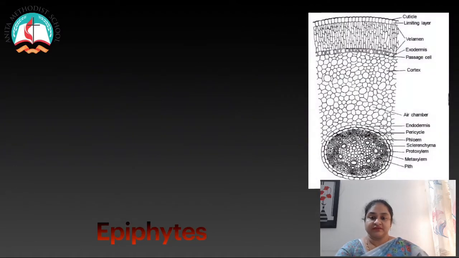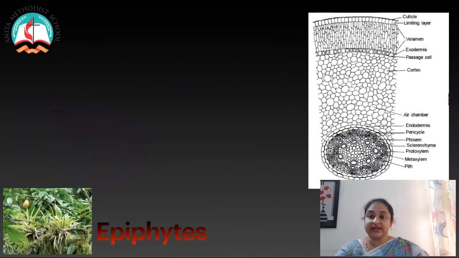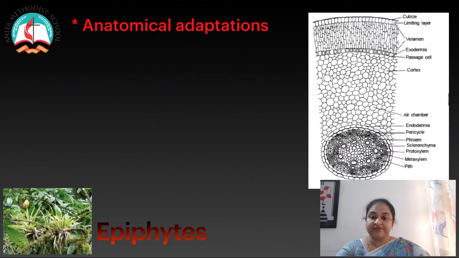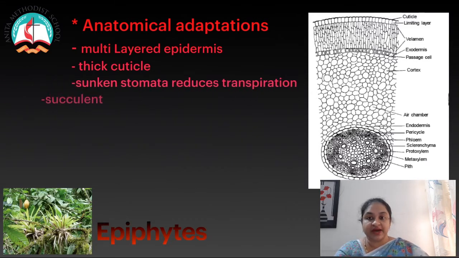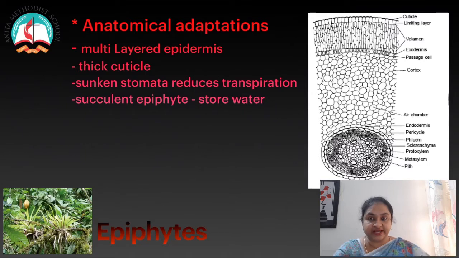About the anatomical adaptations in epiphytes, look at the picture carefully. The epiphytes have a multi-layered epidermis. They have a thick cuticle, and the sunken stomata help to reduce transpiration.